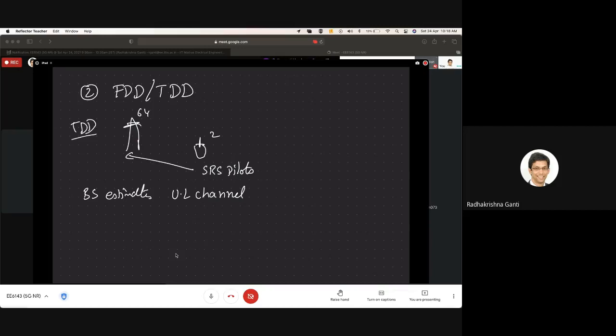The base station will transmit in the same frequency, but in the downlink. So by channel reciprocity, the uplink channel is NT cross NR, and the downlink channel is equal to the uplink channel.